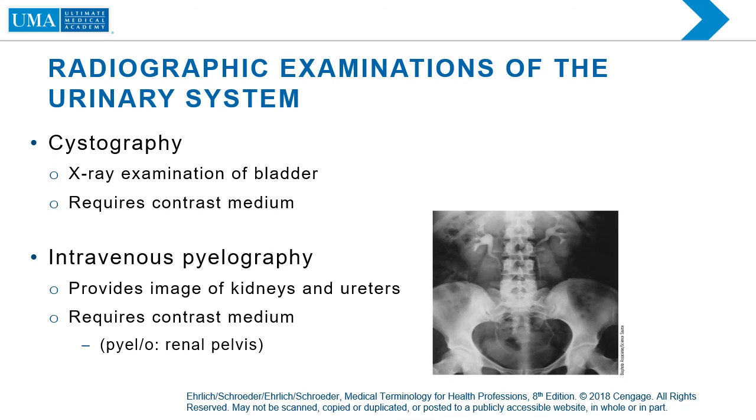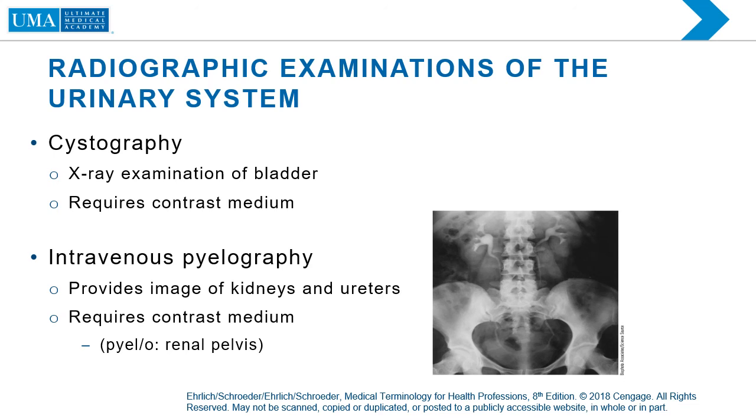Next, we have intravenous pyelography, and this is known as excretory urography. And this is simply a radiographic study of the kidneys and the ureters. Breaking this word down, pyelo means renal pelvis, and graphy, again, means the recording of, or the process of creating a record.